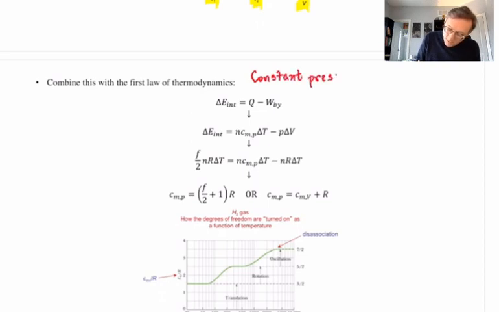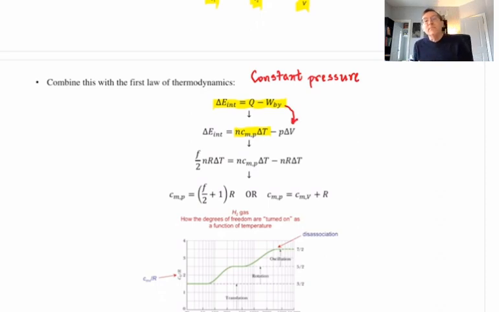Go to the first law of thermodynamics. It's a very general statement: delta E internal equals Q minus W by. Now use the formula that relates Q and delta T, if the pressure is constant, in c_mp delta T. And then here's another thing we're going to do.